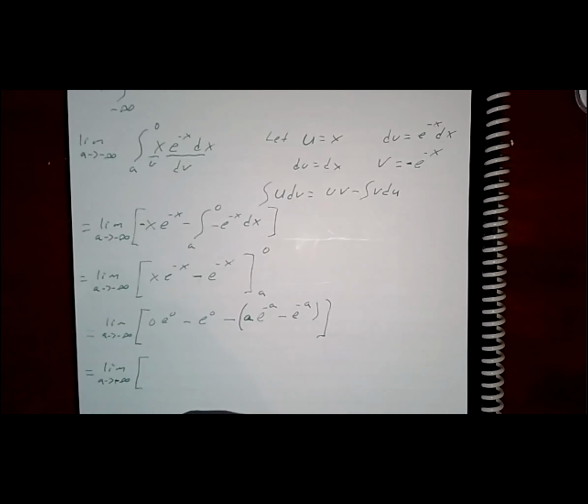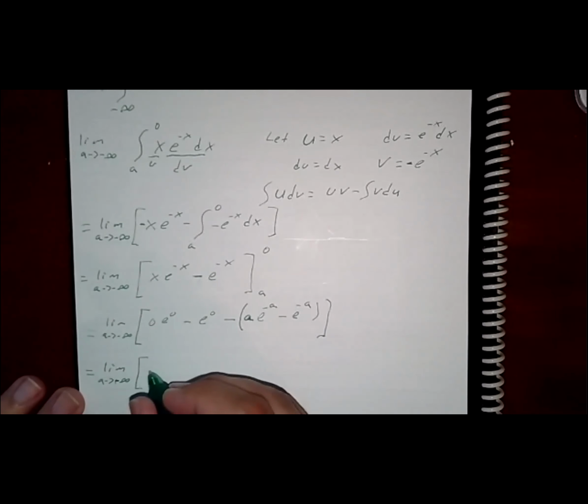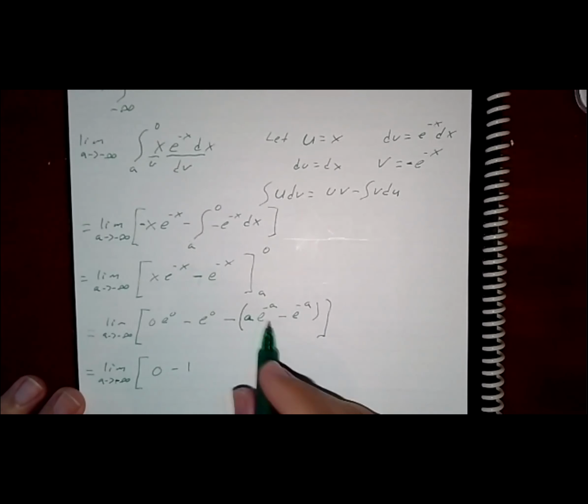So first part's no big deal, right? This will be 0 minus 1. Distribute that, it'll be negative a e to the negative a plus e to the negative a.